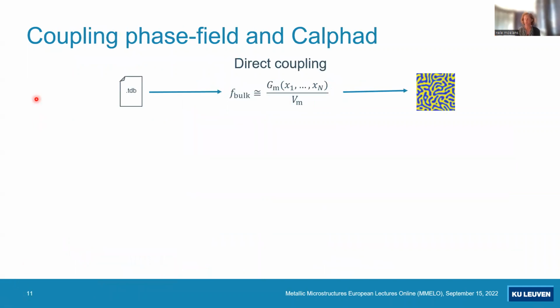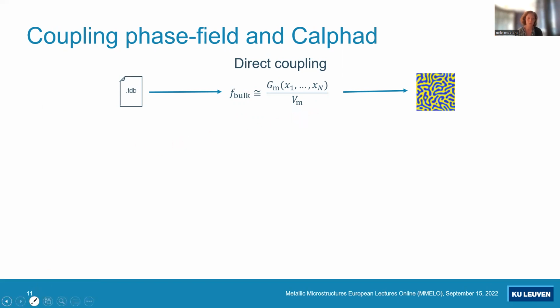So to summarize, what type of coupling methods could be used to use the Calphad data in the phase field models? So a first one is that you use the expressions, the Gibbs energy expressions, but that's only possible if you work with a substitutional solution and if you have all the coefficients of the model. So that's certainly not the most general solution that is available today.